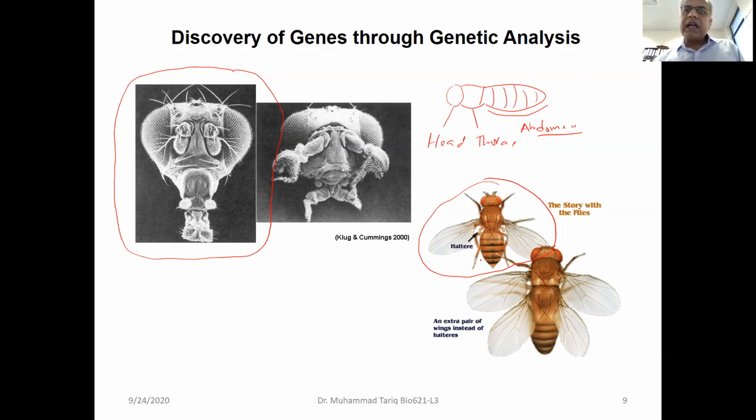And each segment is divided, like you see this, the fly body is basically segmented. And you can trace this back. So this is after 10 days when it hatches.